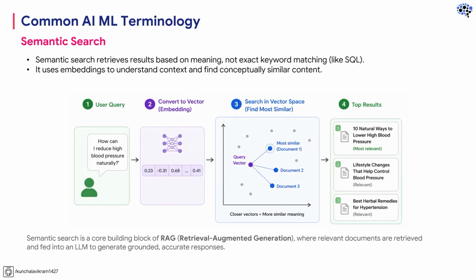Semantic search is a core building block of retrieval augmented generation. The main idea of semantic search is to find the documents which have similar meaning. So how do I find the similarity?